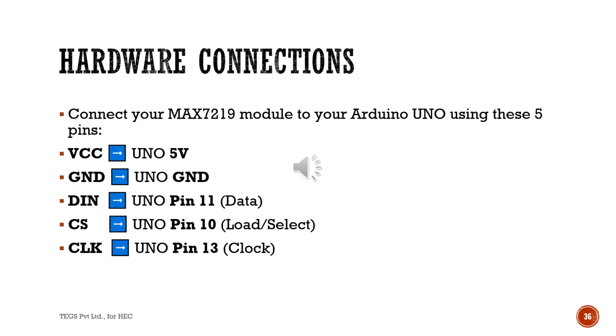DIN is the data in pin of the MAX7219 and it is connected to pin 11 of the Arduino Uno. CS is the chip select in the MAX7219 module and it is connected to pin 10 of the Arduino Uno. CLK is the clock pin in MAX7219 and it is connected to pin 13 of the Arduino Uno to send the clock pulse.